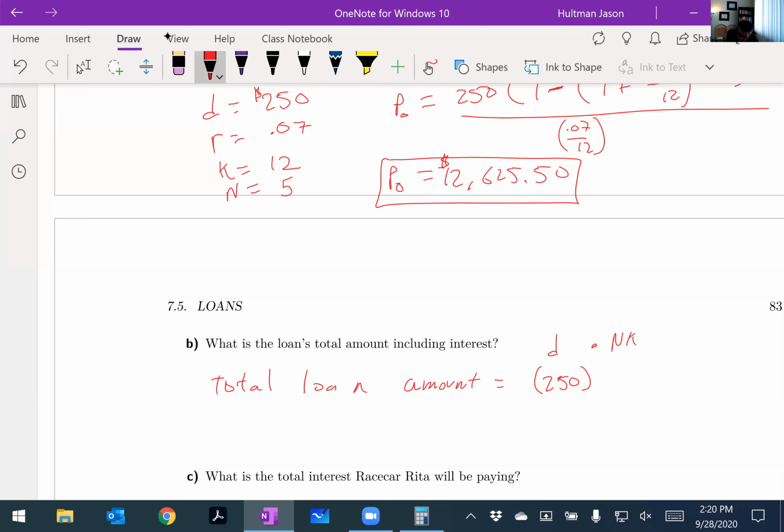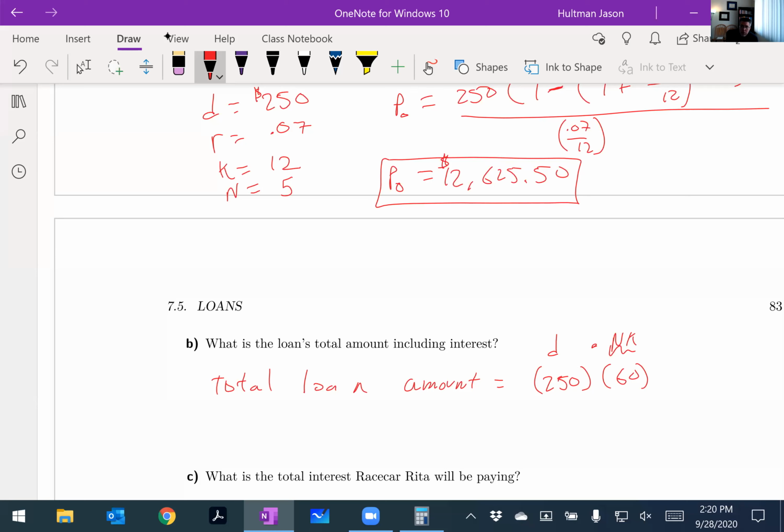And what was NK? NK was the total number of payments. Total number of payments here is 60. So I have to pay out $250 a month for 60 months. Well, that's the total loan amount.